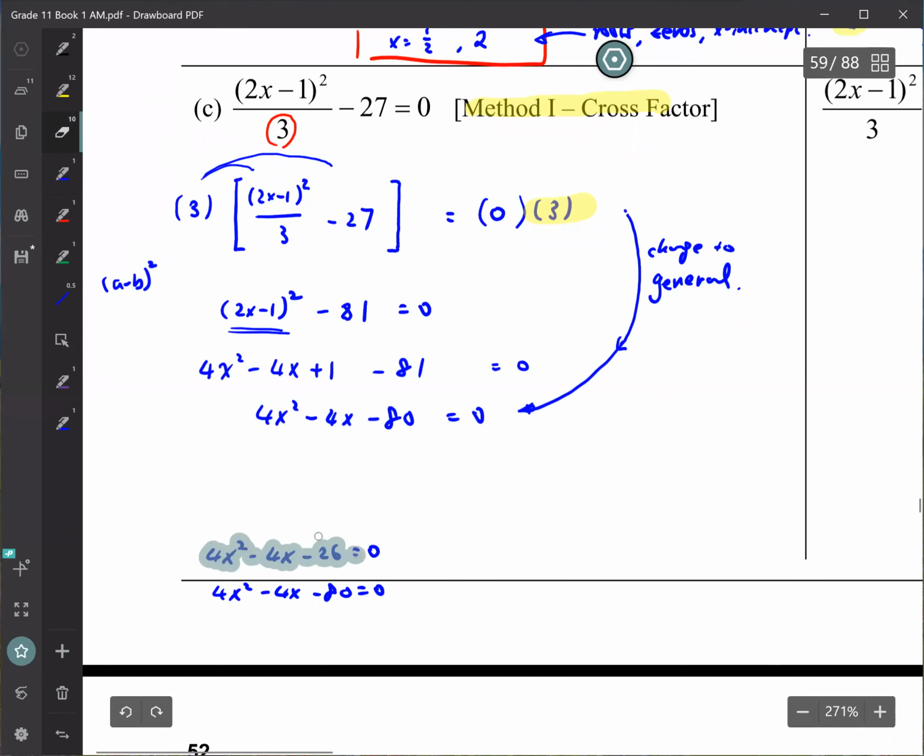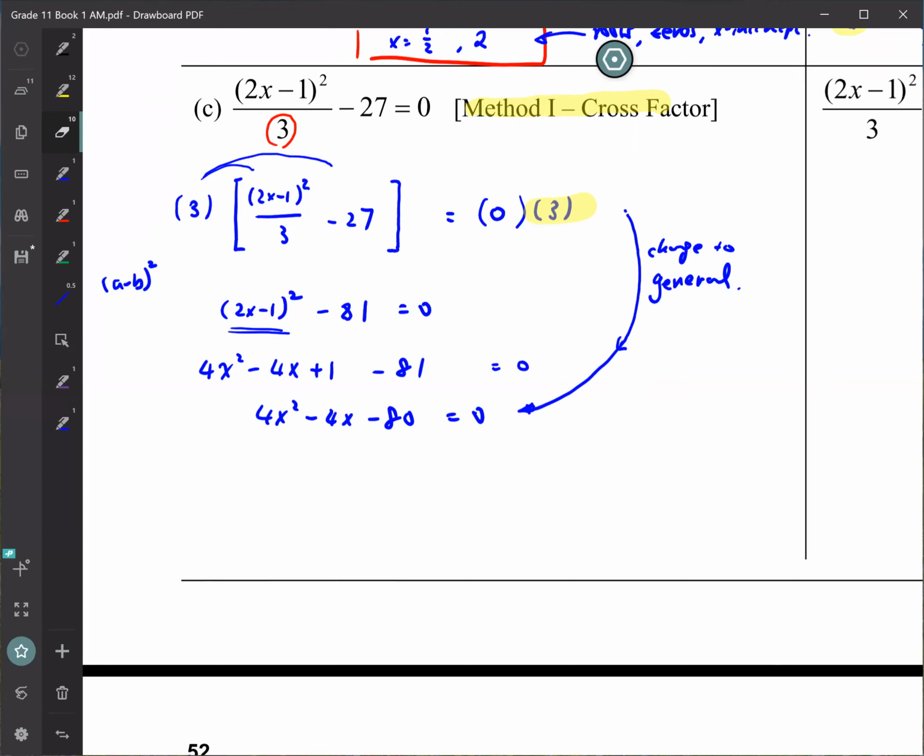So of course, now we need to factor, right? How do we factor this? Eric, how do we factor this one? You find the greatest common factor and take it out first. Okay, is there a GCF for this one? 4. 4, very good. So you don't always need to start with cross factor. If there's a GCF, take it out. That will make life easier and make numbers smaller.